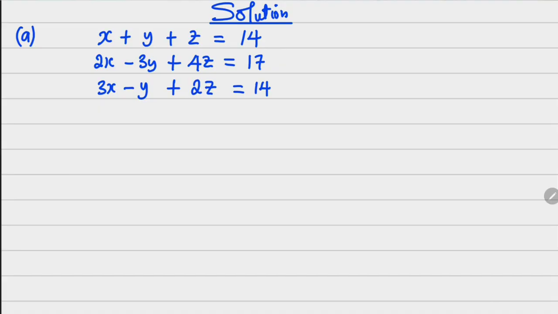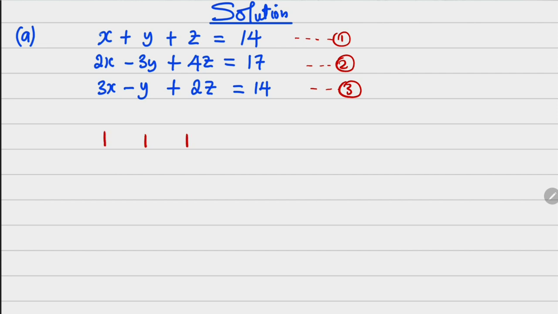Now, moving straight to the solution, what we need to do is to form the matrix of the system of equations. And how do we do that? We pick the coefficients. From equation 1, I'll pick the coefficients, which are 1, 1, 1.